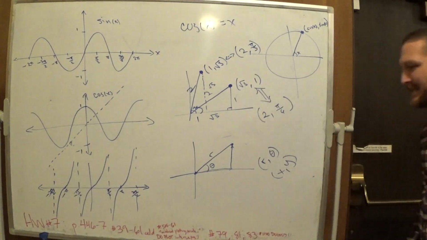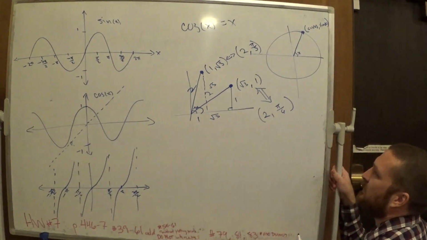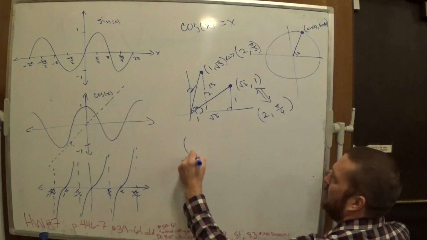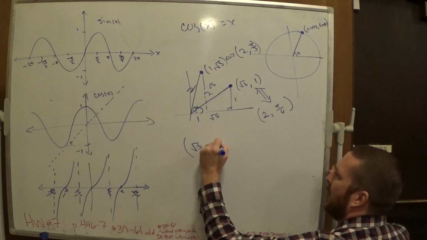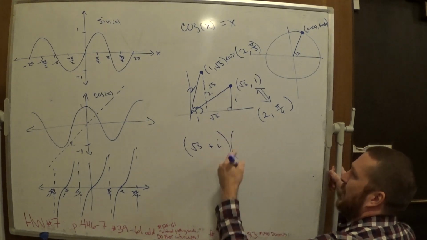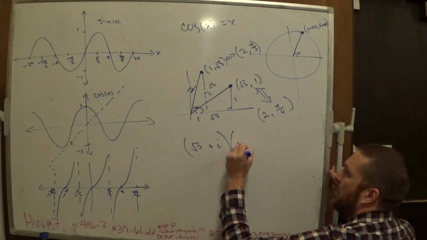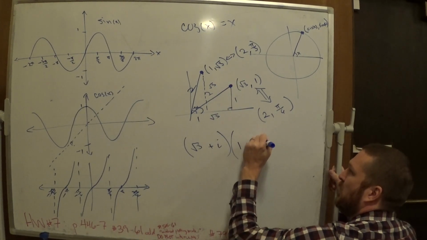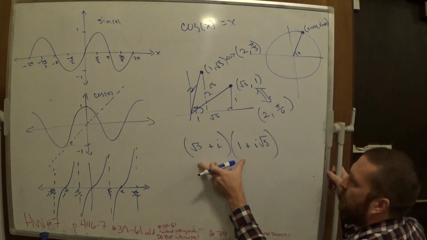And I said complex numbers have this interesting property when you take two complex numbers. So for instance, let's take the complex number that lives here, which would be root 3 plus 1i, and I multiply it by this one, which lives there, which would be 1 plus root 3i. When we multiply them together, we go first, outer, inner, last.